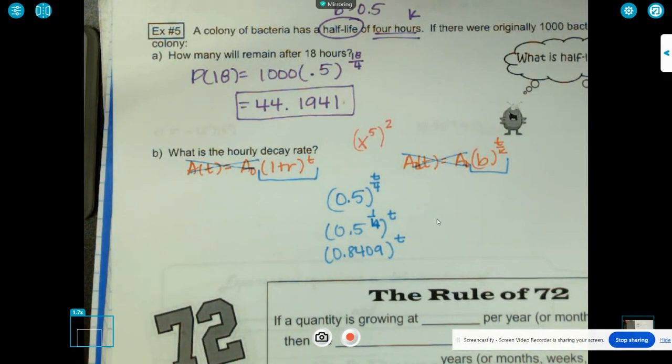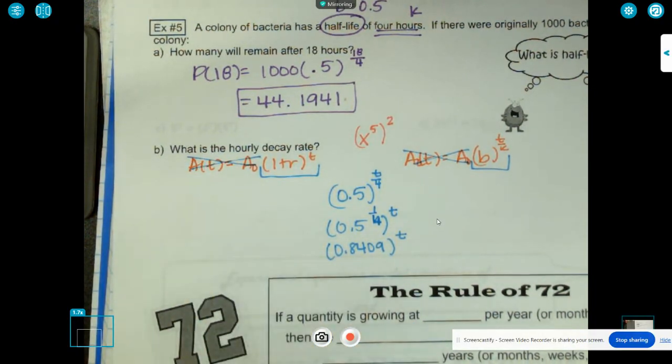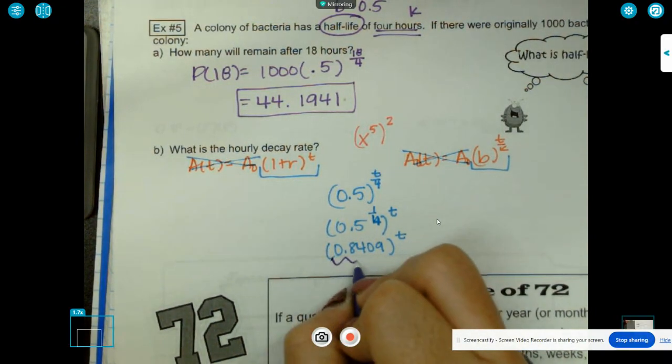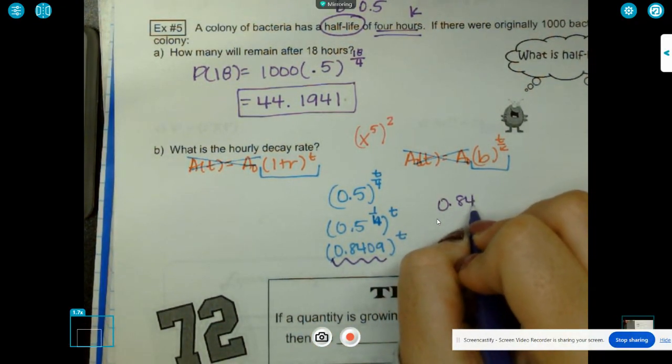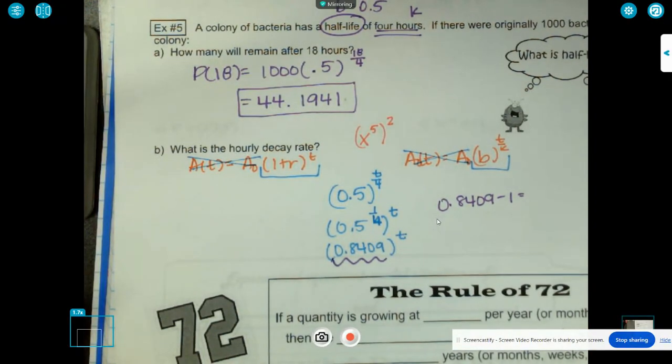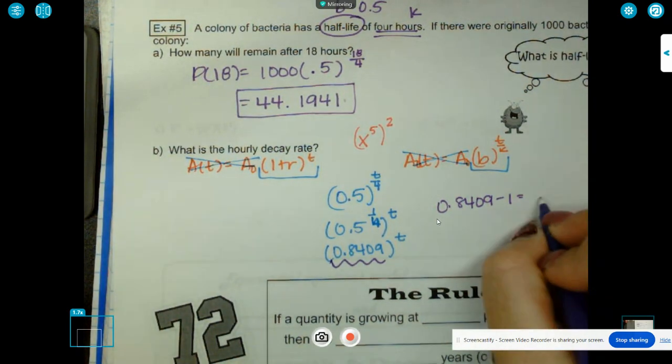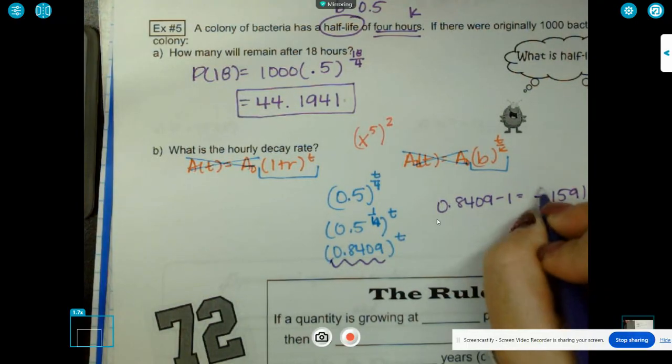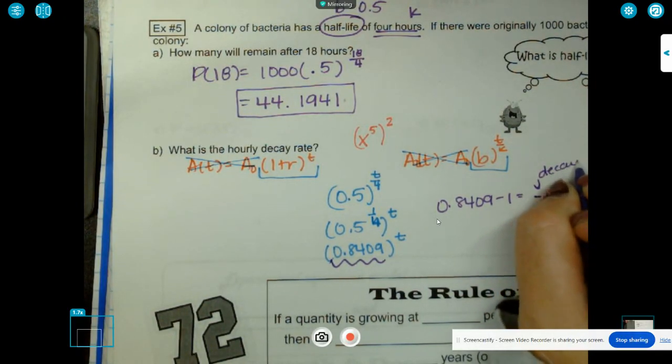Is everybody with me? Okay, now I need to turn that into what was my rate. If you had me for Math 1, it was really simple. We always take whatever's inside and subtract 1 from it. And that gave me negative 0.1591. The negative just means it's decay. We know that already.